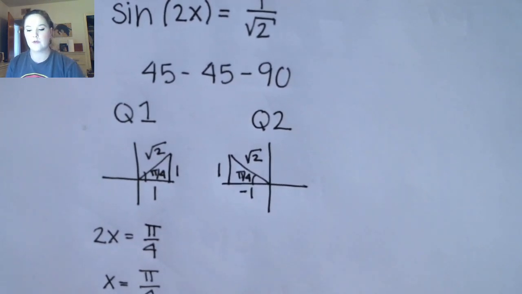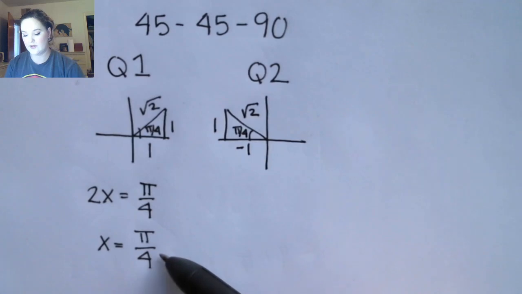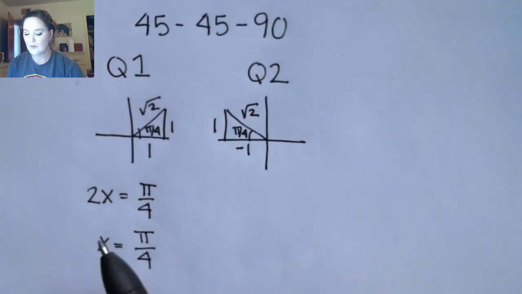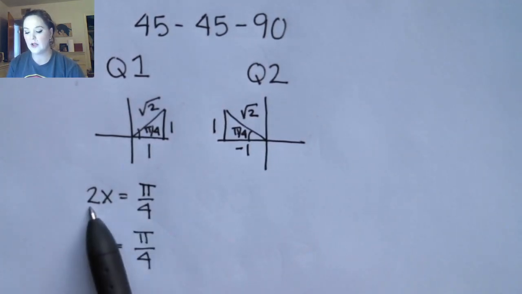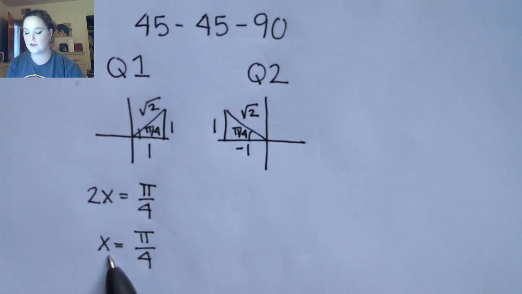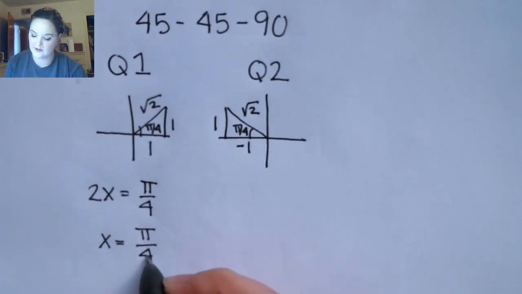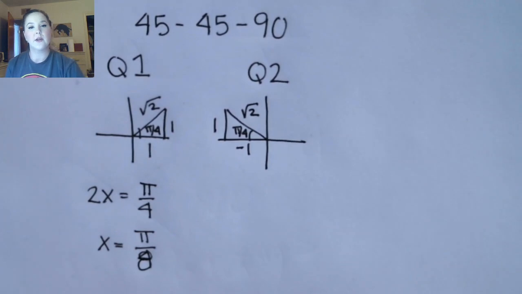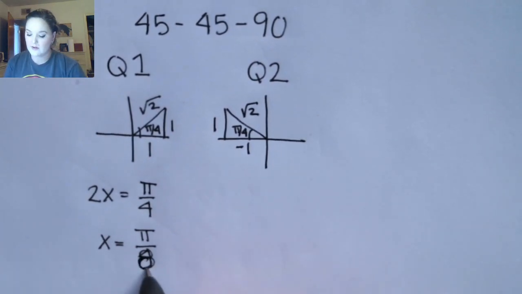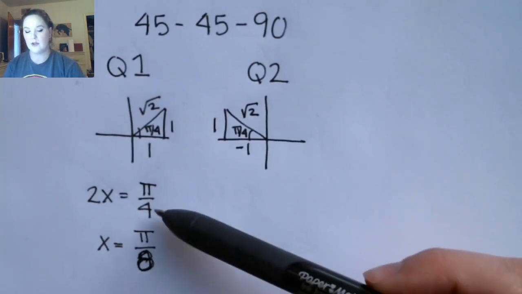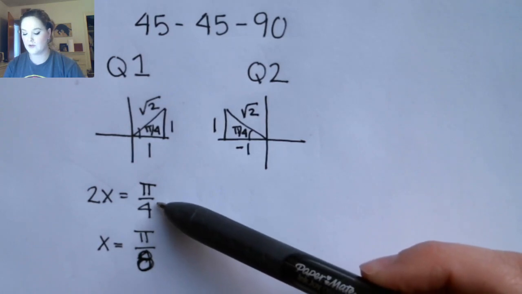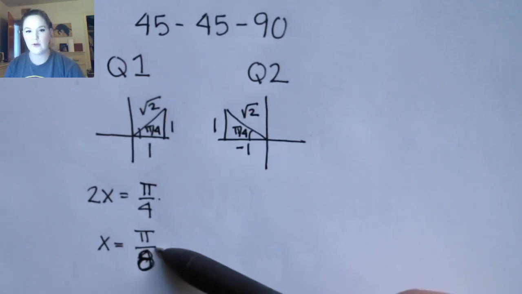So far this is our only extra step: once you have the actual angle, you need to do one additional step to solve. Once you set the argument equal to the angle you found, you have to divide both sides by 2 to find x.